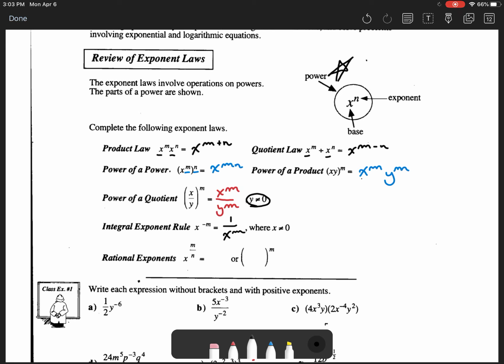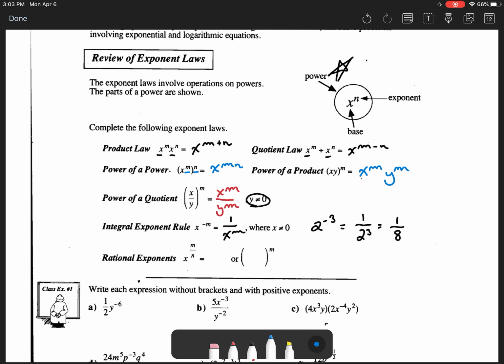An example, very simply, would be if I had 2 to the exponent of negative 3. You'll see as we move through the chapter, they'll say, evaluate that. Because the exponent is negative, that's the same as saying 1 over 2 cubed, which is 1 over 8. So that's the integral exponent law.